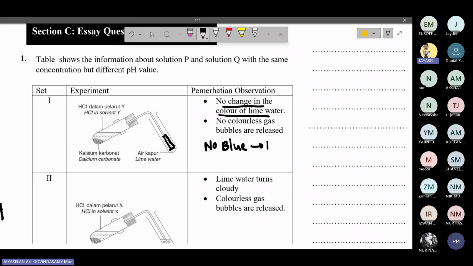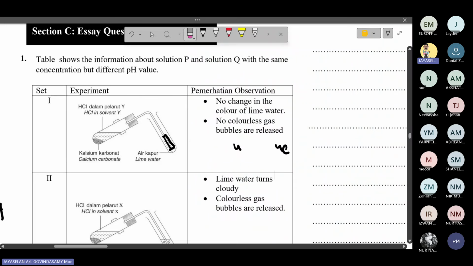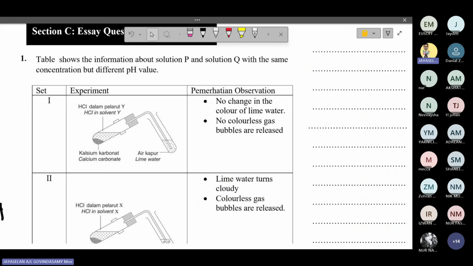It remains blue. Maybe your exam will come out like this. That means this solvent is organic solvent. Don't just write organic solvent; give an example. So I put here benzene solution or tetrachloromethane solution.